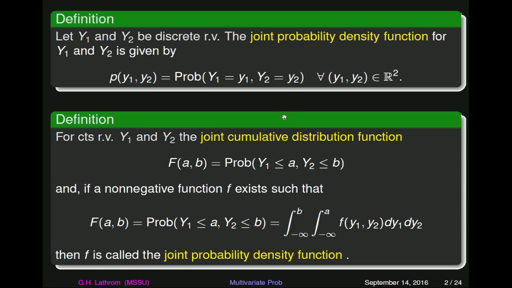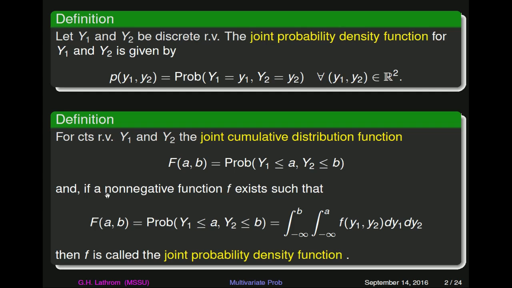Coming over to the continuous case, for continuous random variables y sub 1 and y sub 2, we define the joint cumulative distribution function, so the joint CDF, to be the probability that capital Y sub 1 is less than or equal to a, and that capital Y sub 2 is less than or equal to b.